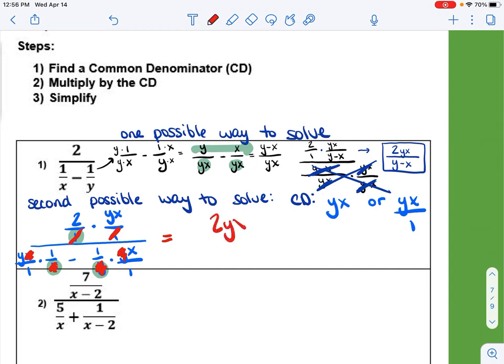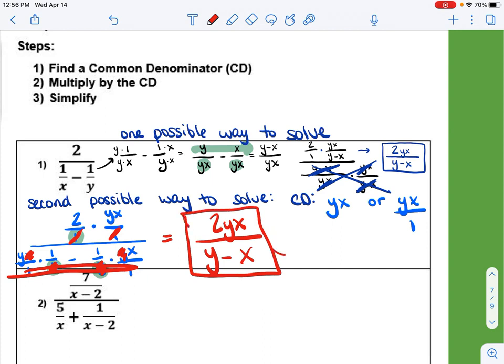We have 2 times y times x over, in the denominator, well, there's nothing left in the denominators. So we have just y minus x left. You'll notice, using the common denominator or the first method, you get the same solution either way. Okay?